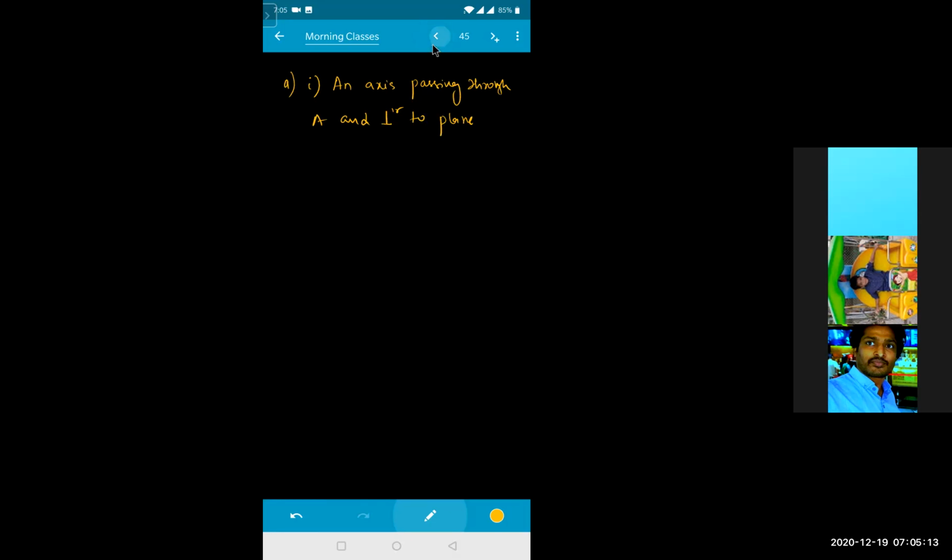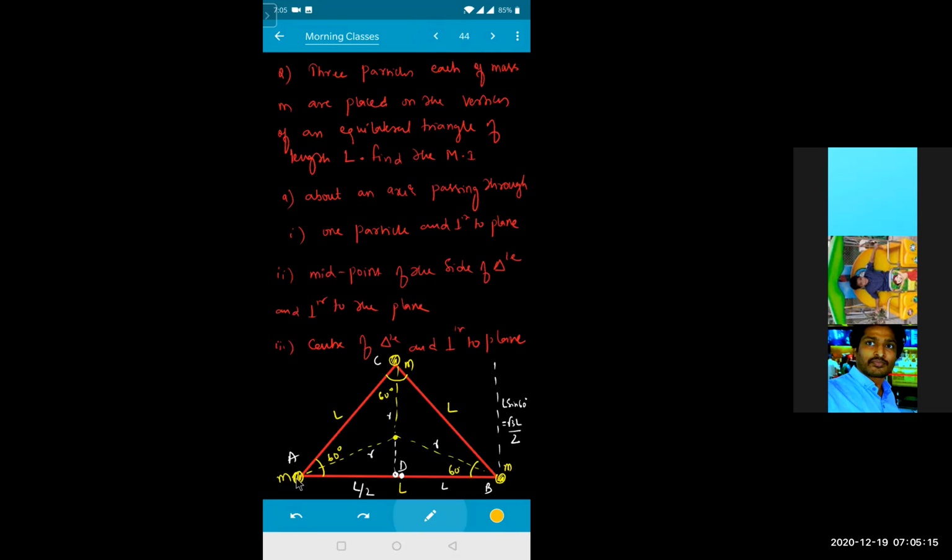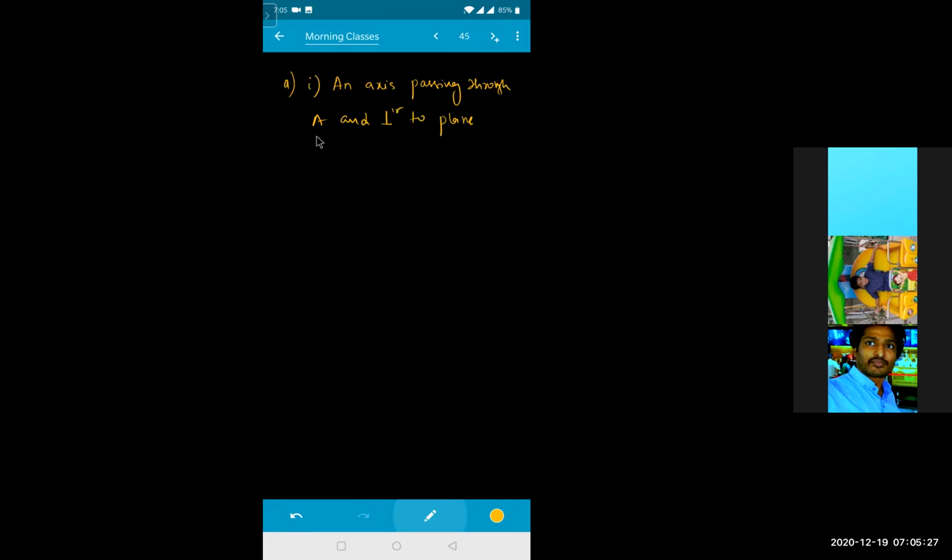From this axis, how far is this distance? L. And this distance? L. So the moment of inertia will become how much? I equals, because of that own axis it will be 0, plus M into L square plus M into L square. So the answer is 2 into M into L square. Did you get it? Understood? Shall I explain once more?